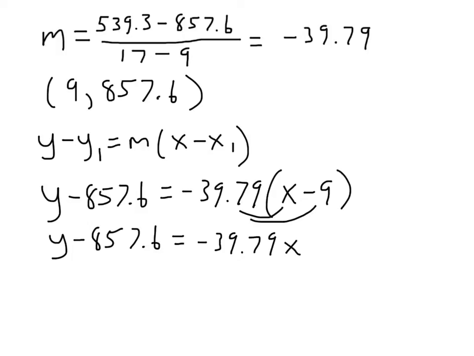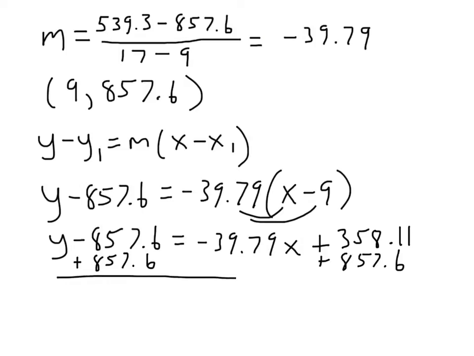It's a negative times a negative, so it'll be plus 358.11. And then if we add 857.6 to both sides so that we can solve for y, we will get our equation of our line, which is y equals negative 39.79x plus 1215.71.